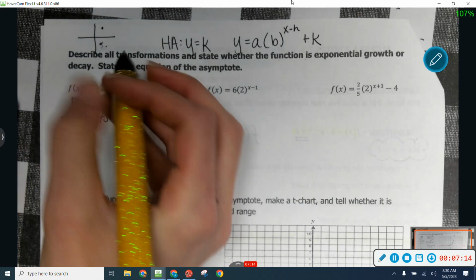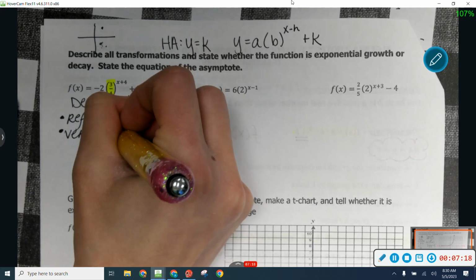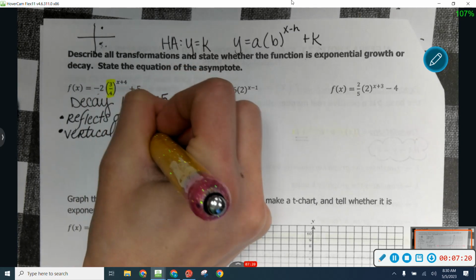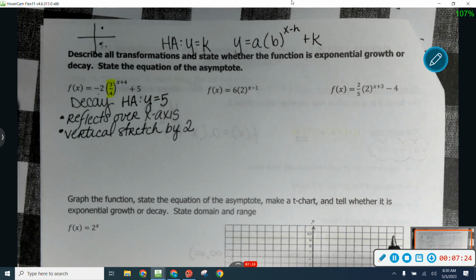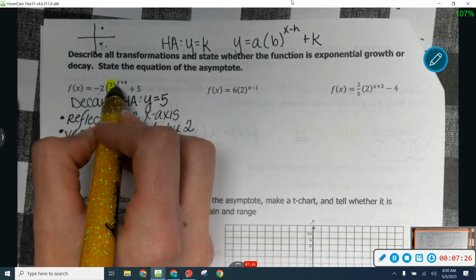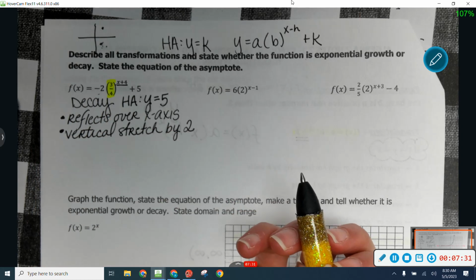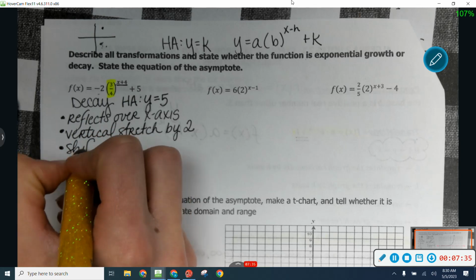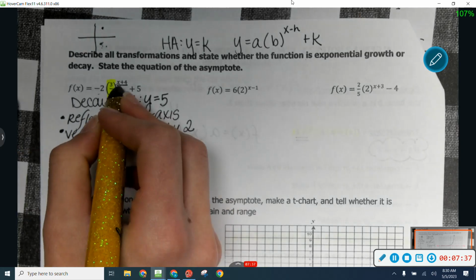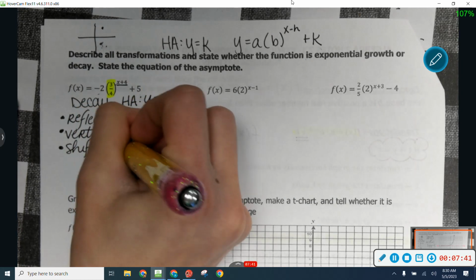Then the 2 tells me it's a vertical stretch by a factor of 2. The x plus 4, remember, whatever happens to x is the opposite. X is a liar. So that really shifts where? If it's a plus 4, it's the opposite, and it's going left 4 units.